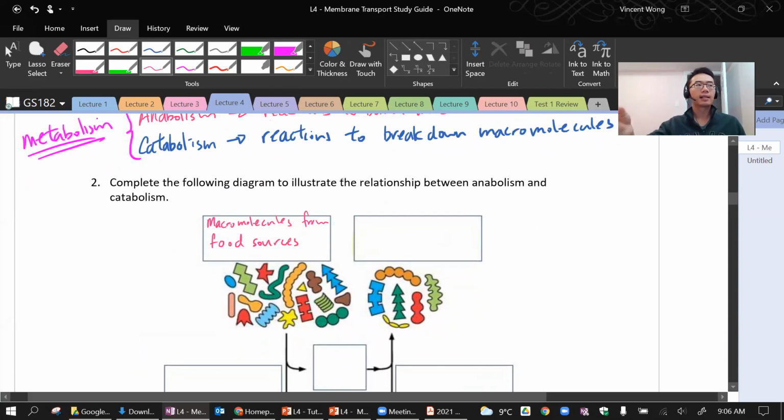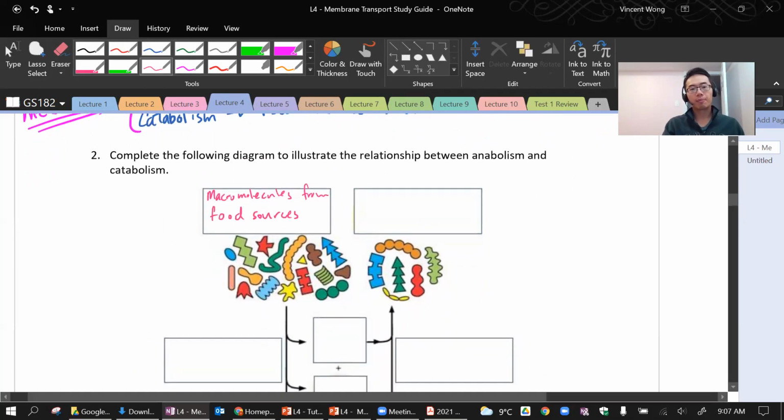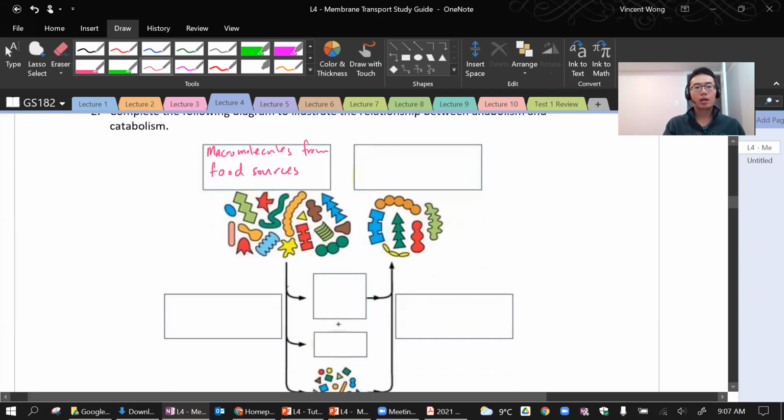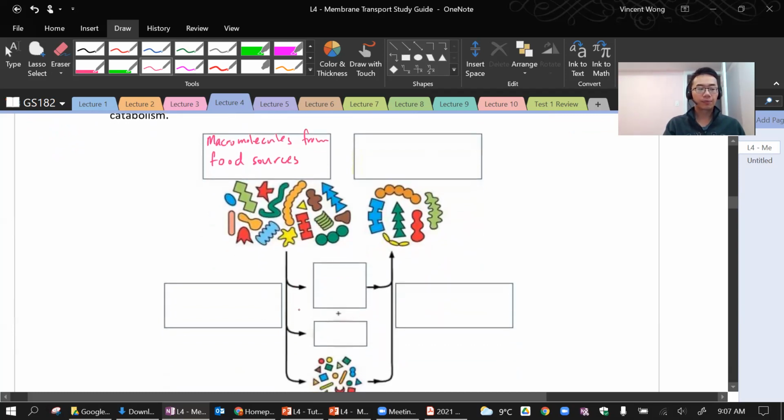Like you eat a pizza, then you would have some proteins from the cheese, some lipids from the olive oil and the cheese, and carbohydrates from the dough. And all these macromolecules we would need to break down.